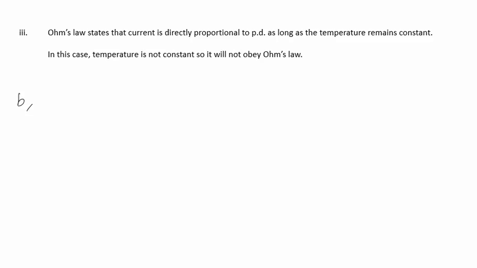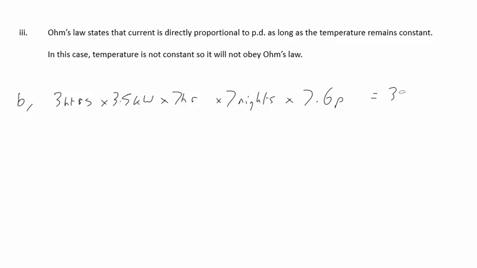Well, we have 3 heaters at 3.5 kilowatts times 7 hours per night times 7 nights times 7.6 pence per kilowatt hour. That comes out at 3910p, or £39.10.